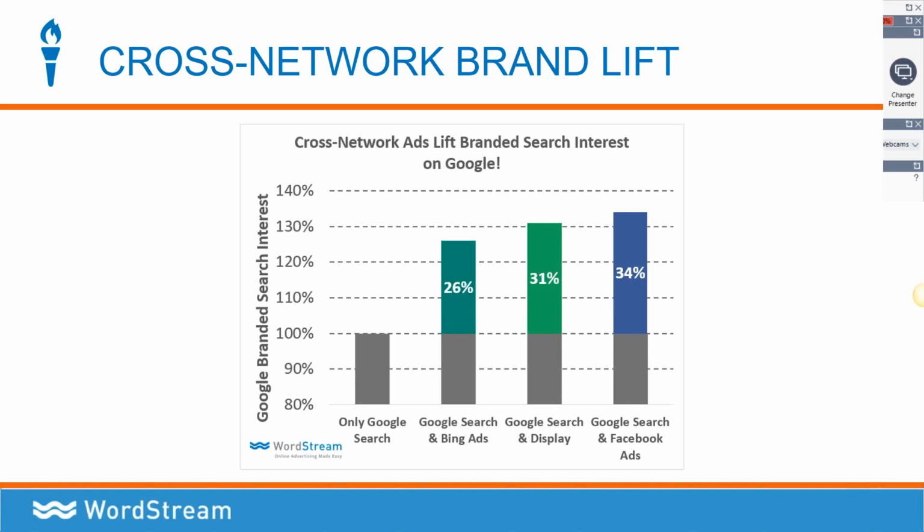The GDN reaches up to 90% of internet users. Social ads are arguably the most effective way to boost branded searches, and advertising on Facebook yields a 34% increase in the number of branded searches, which is awesome.